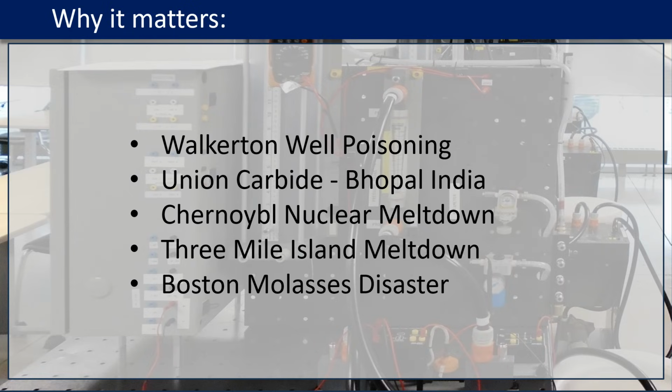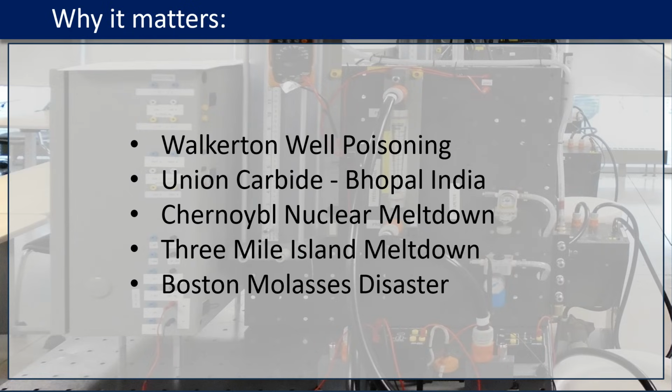Great Boston molasses flood, poor design and testing, followed by visible warnings that were ignored. These disasters did not all have the same cause, but each demonstrates the importance of obtaining accurate information, understanding what that information means and acting on it before conditions become catastrophic.